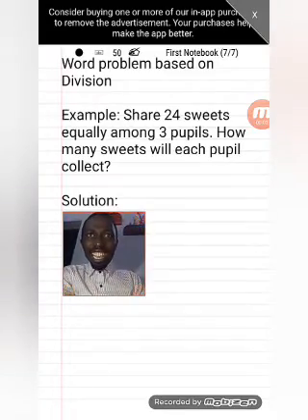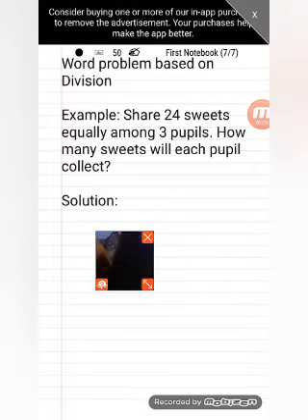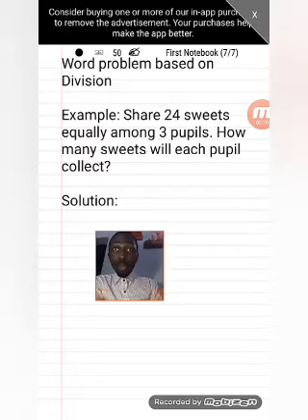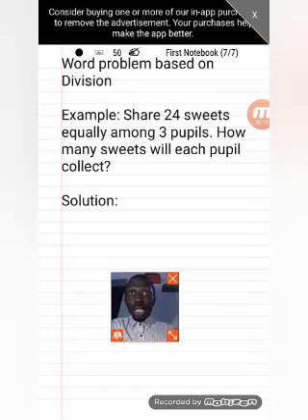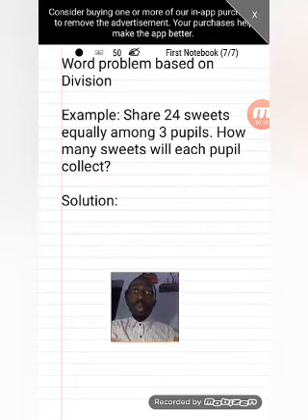Yes, this is the lesson. Remember that we are doing word problems based on division. This is an example that we'll be treating today for you to be able to understand more about word problems on division. The example says: share 24 sweets equally among 3 pupils.